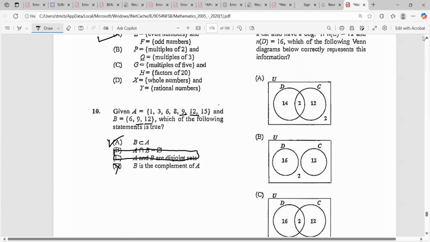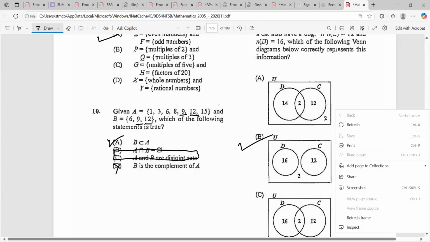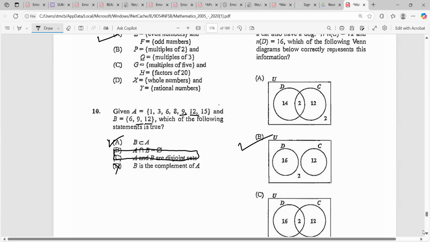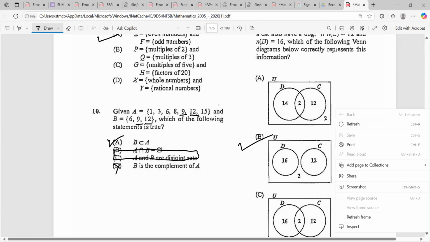So that will be disjointed. This could have represented it. So 2 neither have a cat nor a dog, right? So you say either have a cat or a dog or none. None of the two. So that's 2 persons.